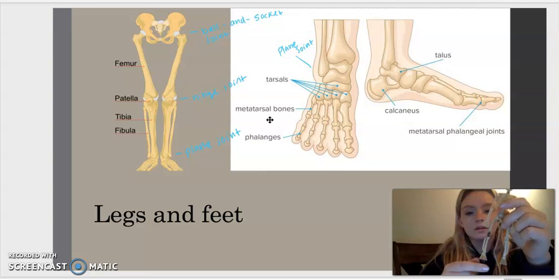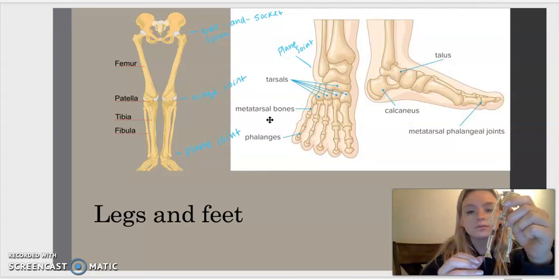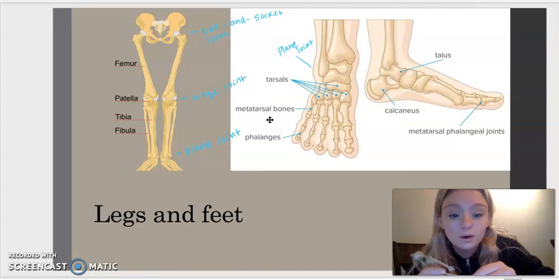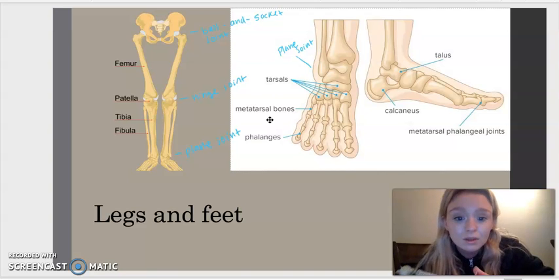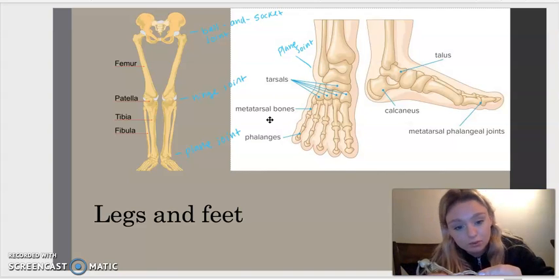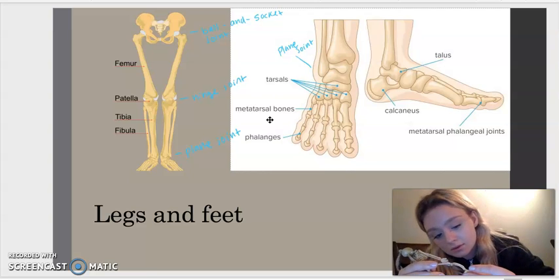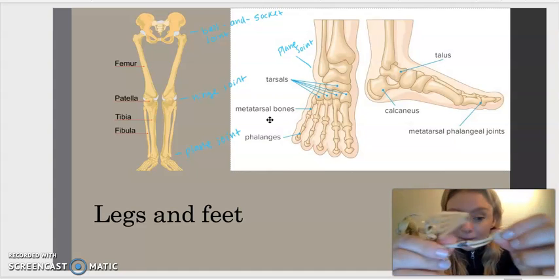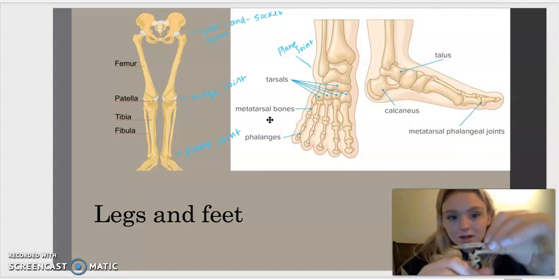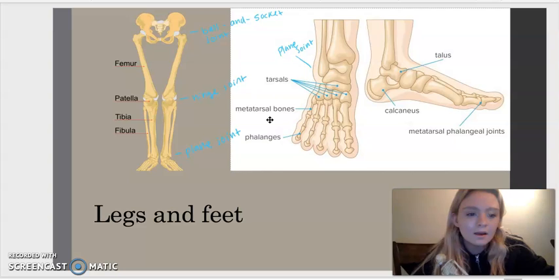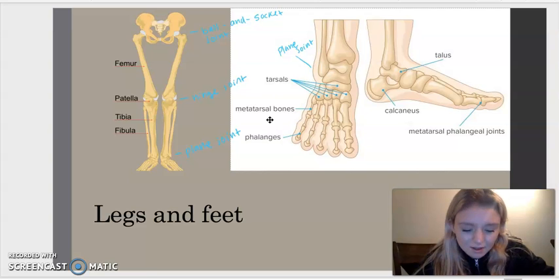We have the tarsal bones, which are not accurate whatsoever. You cannot see them. The metatarsal bones are not accurate whatsoever. You cannot see those. The phalanges are not accurate. You cannot see those. I mean, they tried, but they're little tiny lines, just like on the hands. I'm like, what is that? The talus isn't accurate, and the calcaneus, I can never say that.